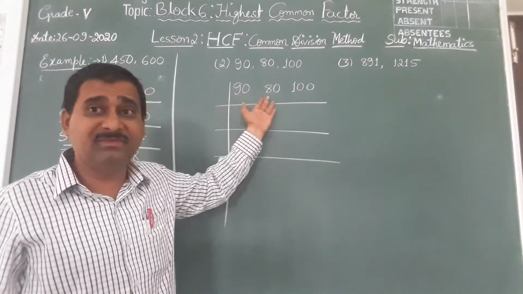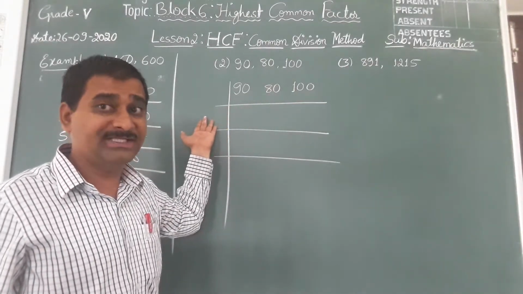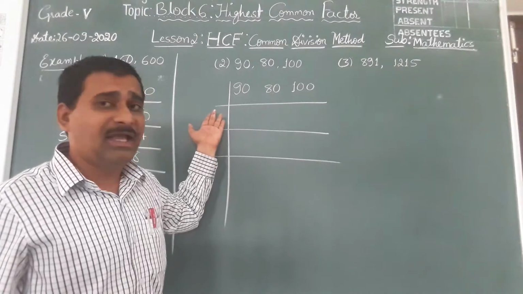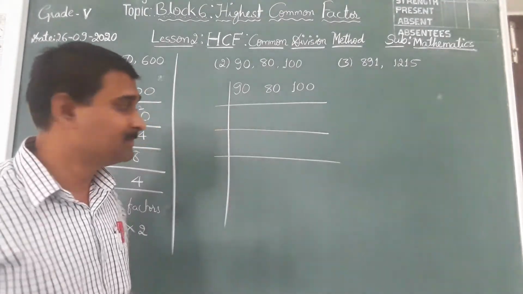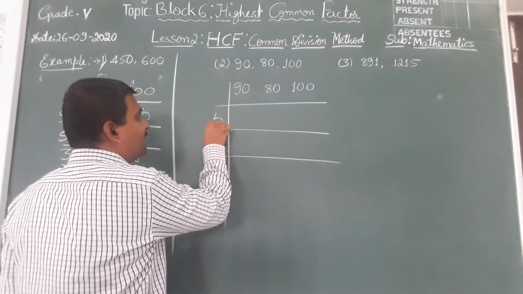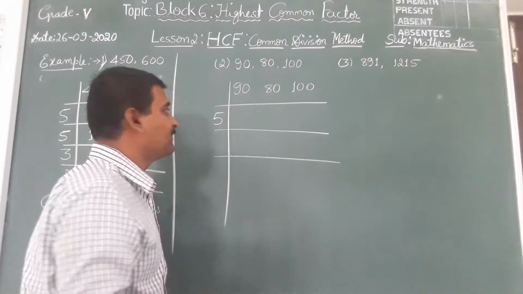And also it is divisible by 5. You can take 2 or 5, not 10. You can start with 2 or with 5, right? Let me start with 5, because 0, 0, 0 in the ones place are divisible by 5 and also 2.